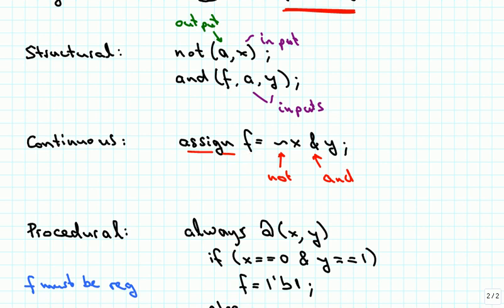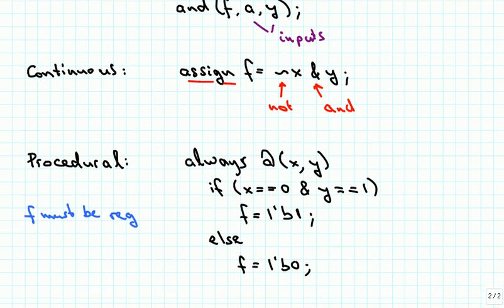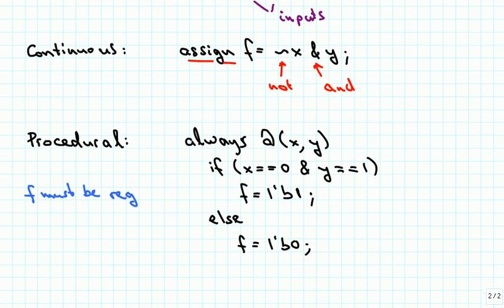And then finally, the procedural assignment. That has to go into what is known as an always block, or in general into a procedural block. So this is called an always block. And that always block has a sensitivity list.